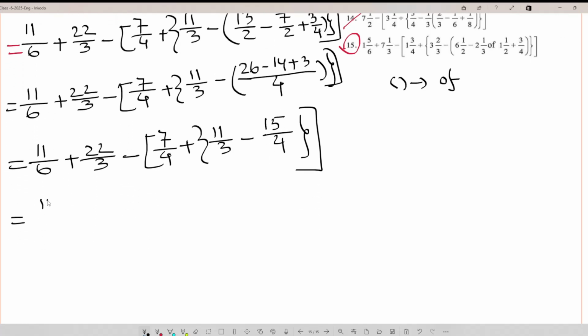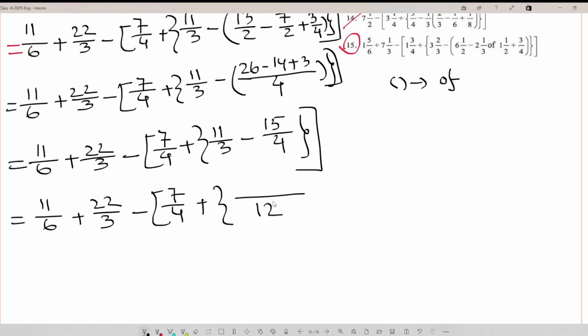Now here is 11 by 6 plus 22 by 3 minus 7 by 4 plus, and here 3 and 4, the LCM is 12. So 12 divided by 3 is 4, times 11 is 44, and 12 divided by 4 is 3, times 15 is 45, here is a minus 45, right?